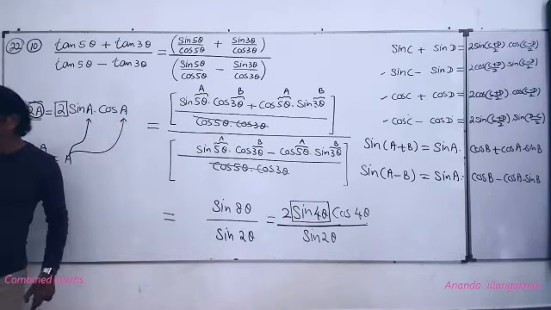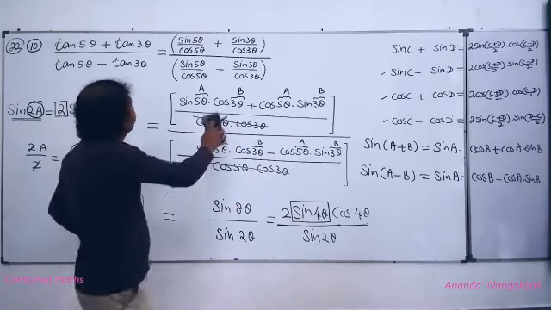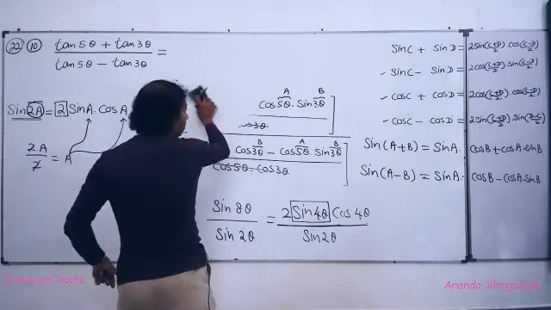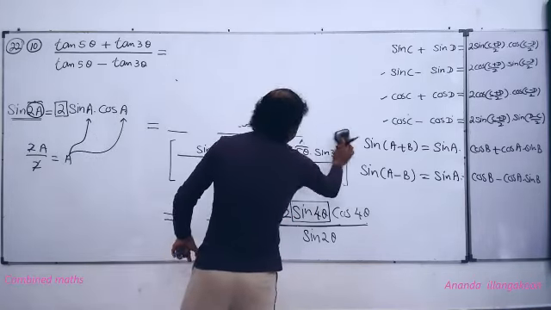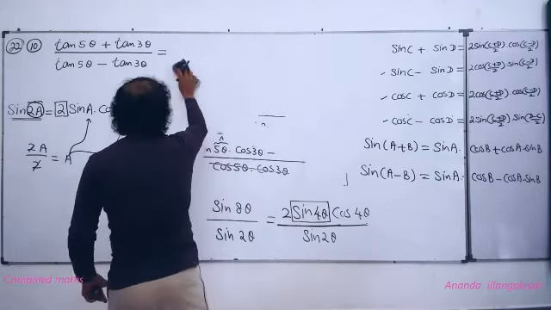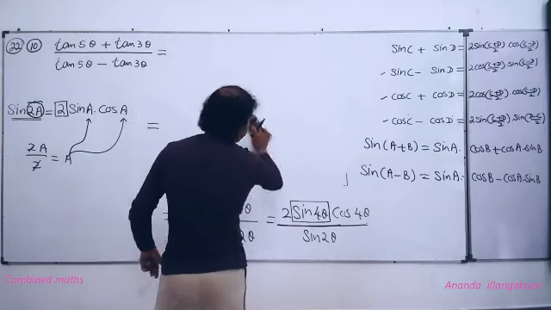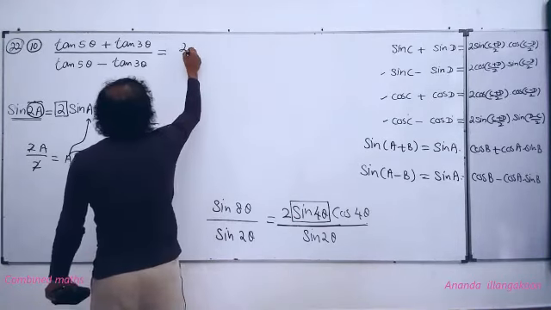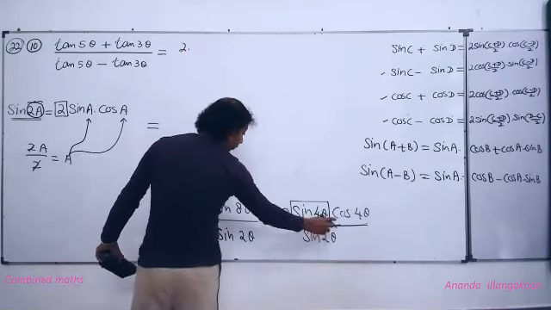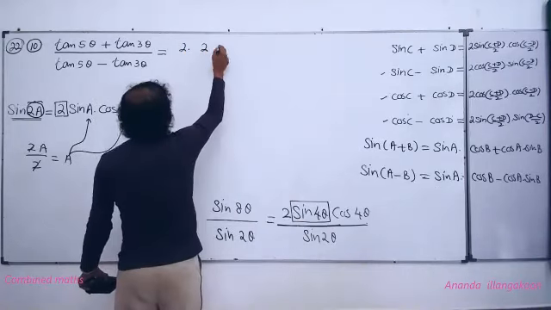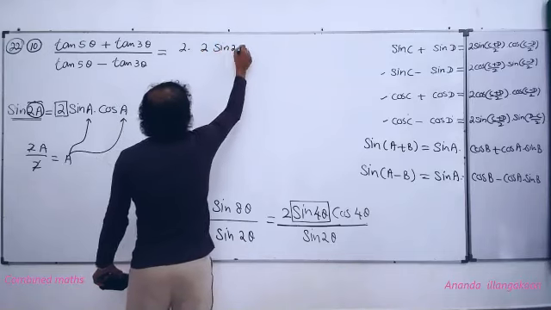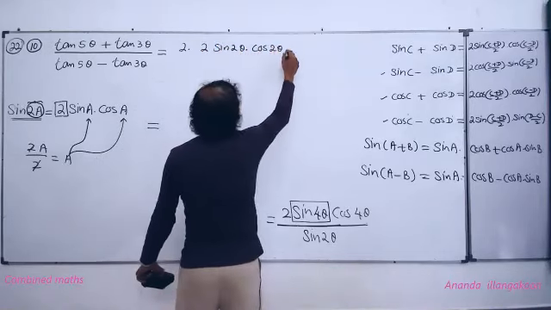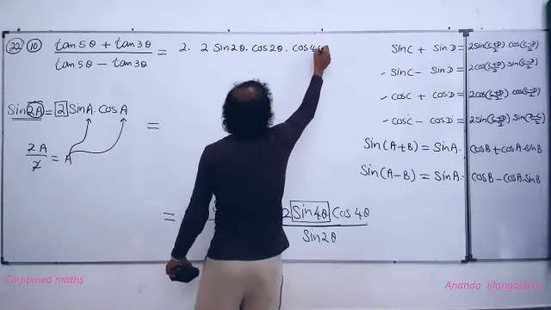Then after writing this, we can write 2 sin 4 theta as sin 2 theta cos 2 theta and cos 4 theta.